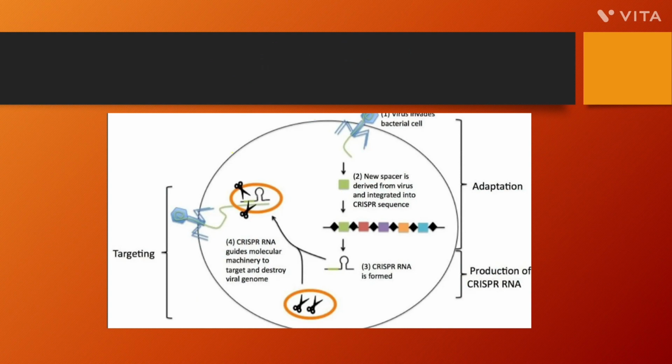The bacterial genome will come and attach to the cell's genome, and the CRISPR RNA along with Cas9 will come and destroy the viral sequence, leaving a very large space in between the two DNA.